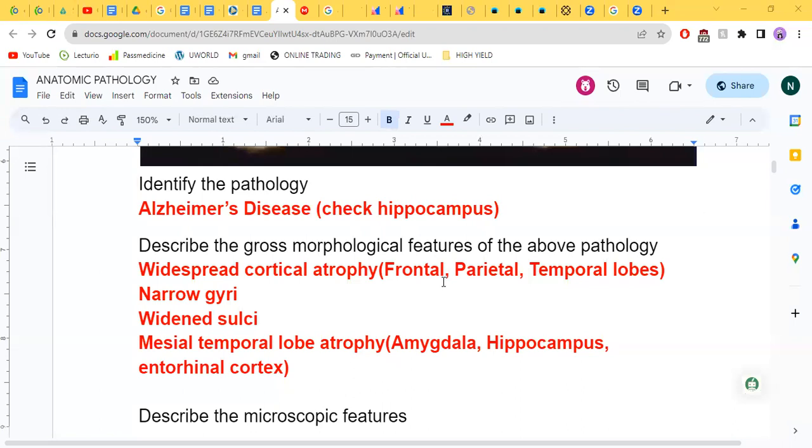Also, remember we looked at the microscopic features of Alzheimer's. What did we notice from the microscopic features? Who can name the microscopic features and just put it on the chart? Yes, we have the NFTs and the neuritic plaques. And we also mentioned which ones are intracellular and which ones are extracellular.